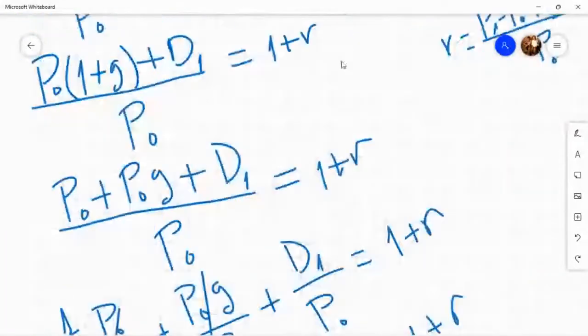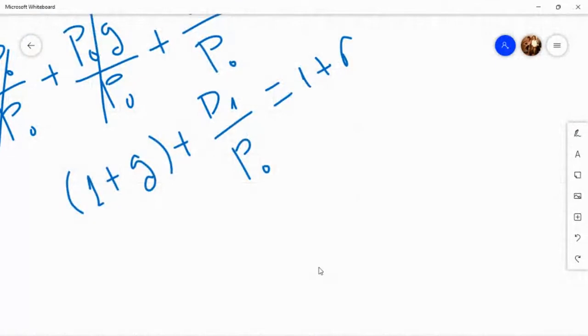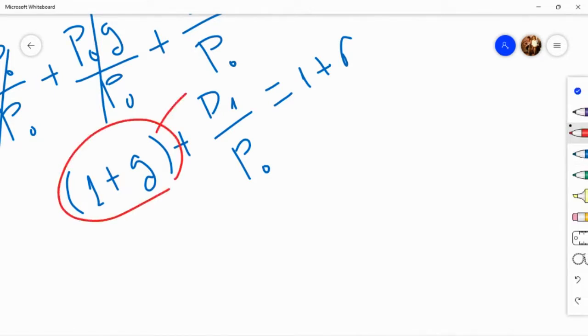Now, I don't want it to move, but it's moving at its own will. So then think about it. We're going to have to move this to the other side because D1 and P0 are variables, and 1 plus G, at least you need to collect the like terms, right? Constants with constants, unknowns with unknowns.